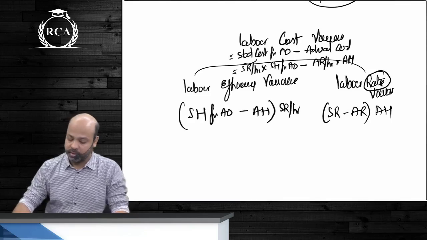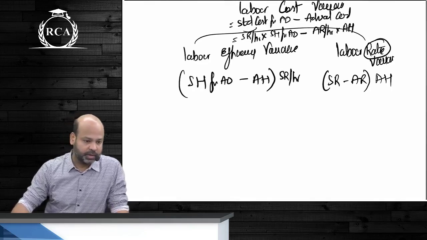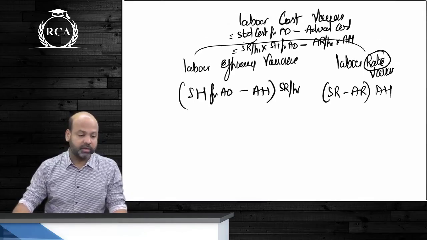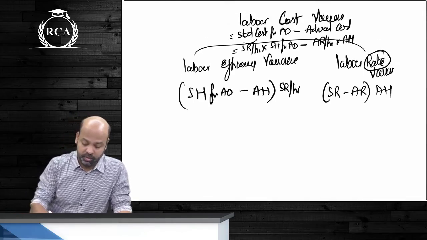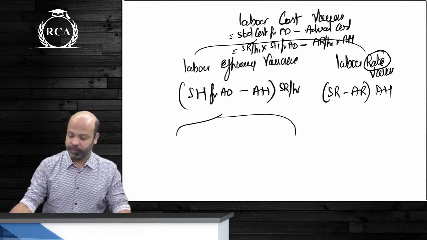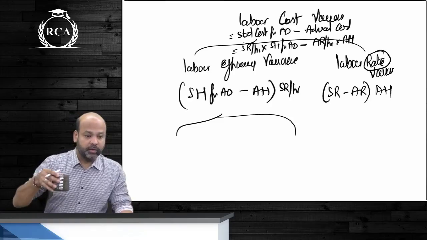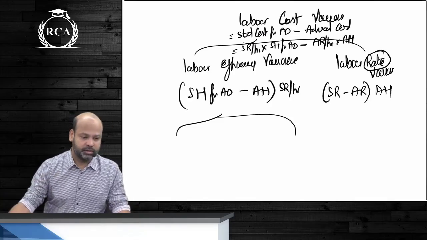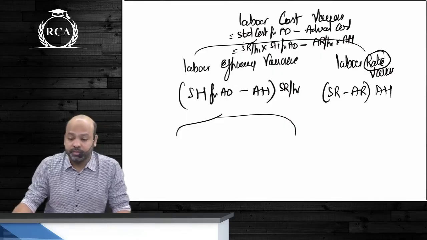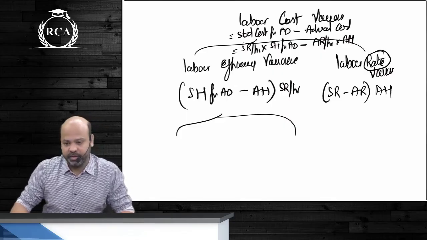समझ में आ रहा है नहीं आ रहा है? Any doubt in this part? Your labor efficiency variance, guys, is further segregated. When will this segregation arise? When you perform one or two or more labors.